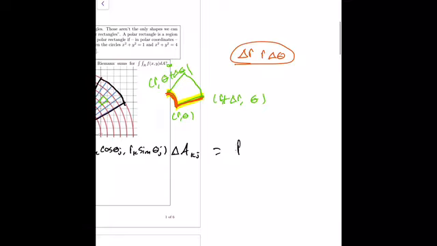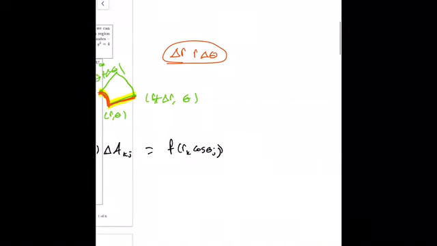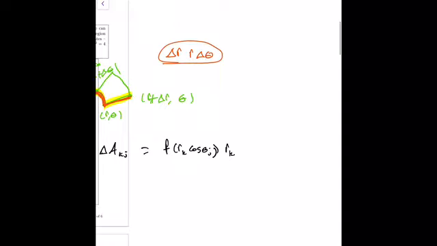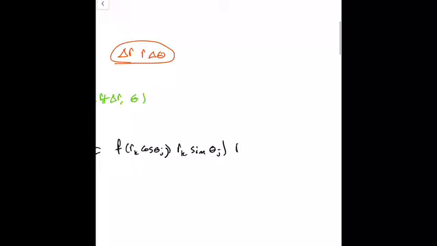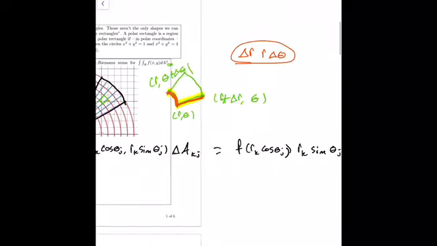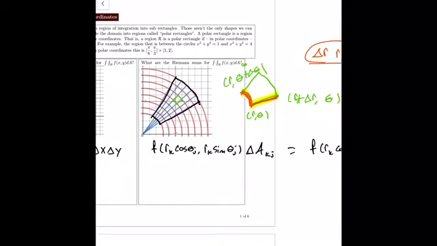So we can write this as f of r_k cosine theta_j, comma, r_k sine theta_j times r_k delta r_k delta theta_j.